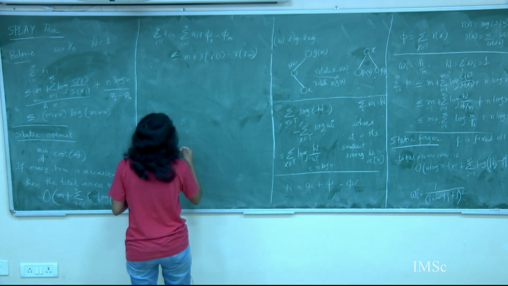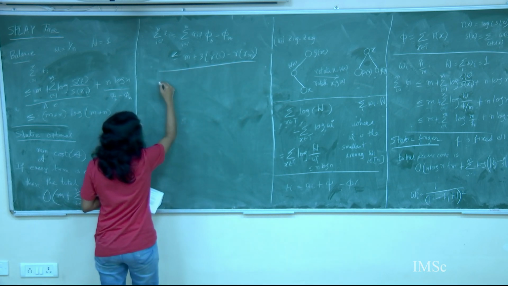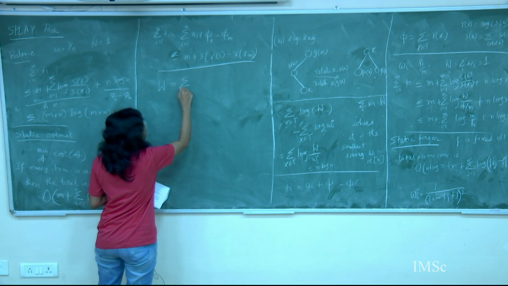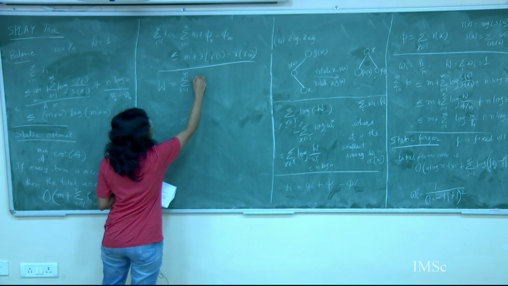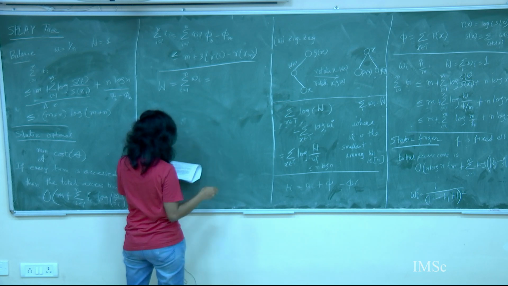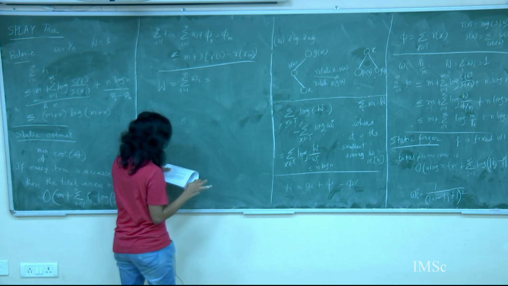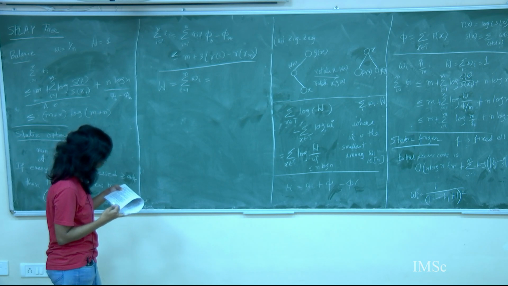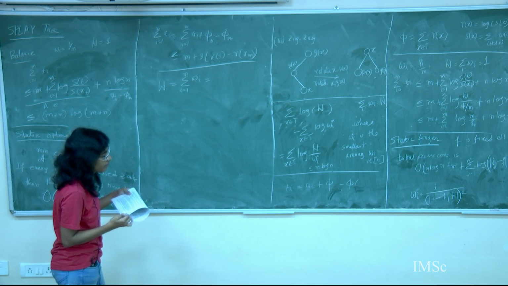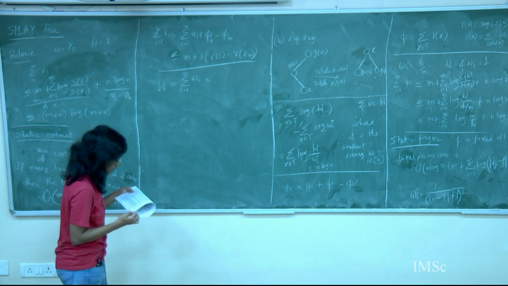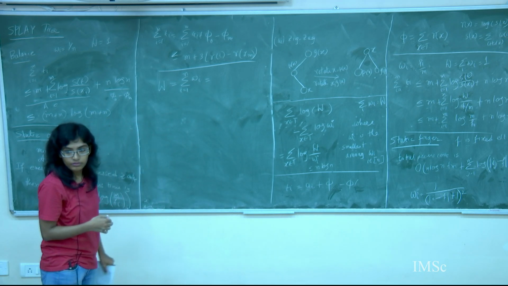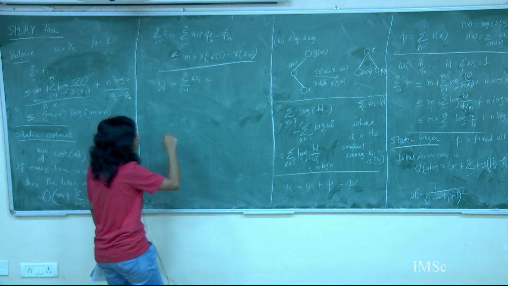So then what is capital W? Can I just give an upper bound for the series?